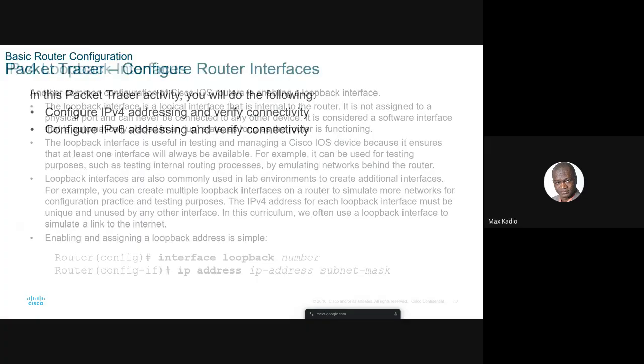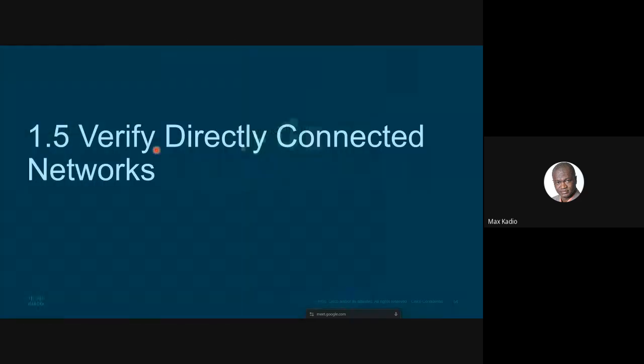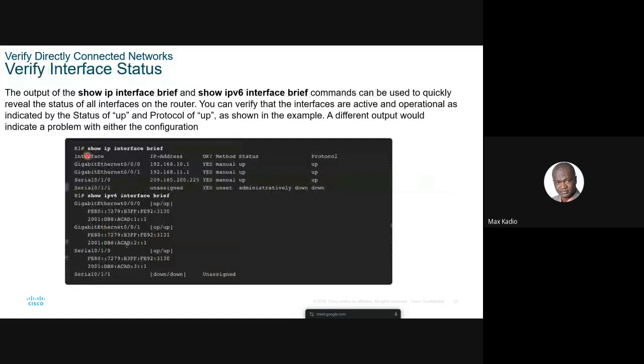Okay, we'll do a lot of labs, a lot of Packet Tracer exams. Not exams, but labs. Show IP interface brief, show IP route. We did that. Show IP interface brief displays all the ports with some information.